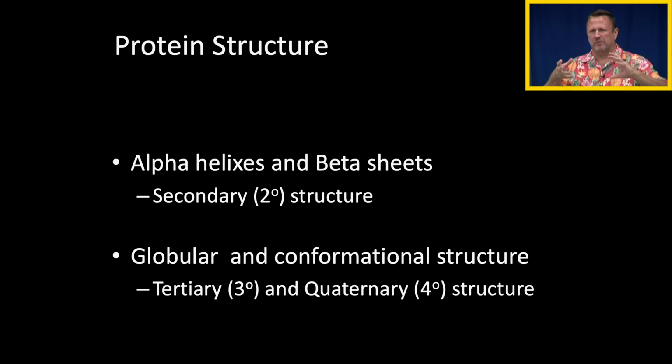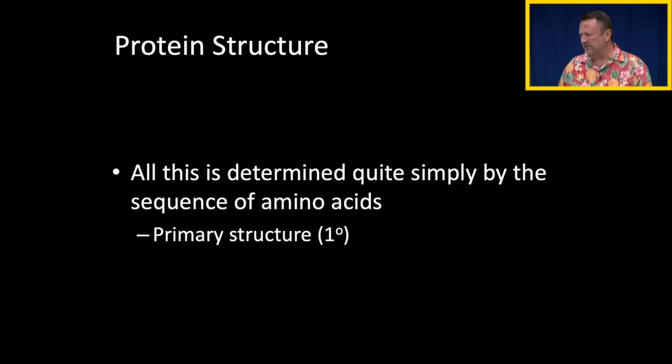And then when it shifts back and forth from one form to the other so it can perform its functions, that's called quaternary structure. All of that is determined by the sequence of amino acids. 20 amino acids, 21 amino acids, all we need to drive all of the proteins. I think it's incredible, which is why I spend all my time trying to study stuff like this.